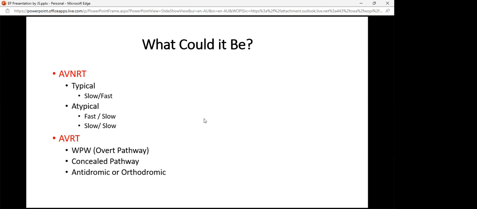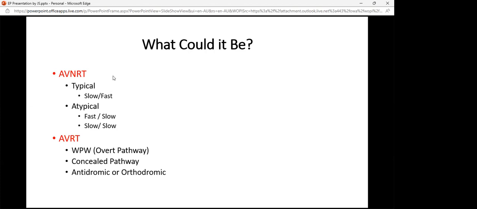Is it an AV-NRT? An atrioventricular nodal reentrant tachycardia, with an emphasis on the node, because we know in AV-NRT that the tachycardia is dependent on that node. The tachycardia goes around the actual node itself. Things like the ventricle are just bystanders. And within that AV-NRT, is it our typical, what we call typical AV-NRT?